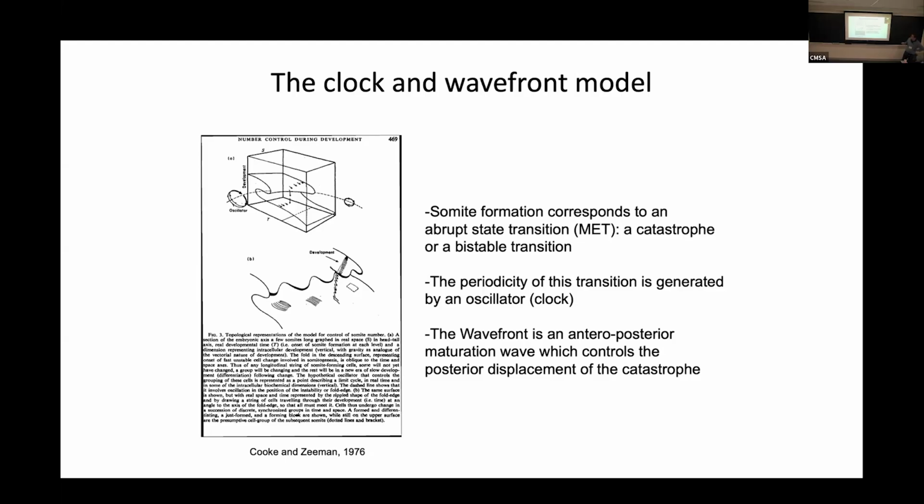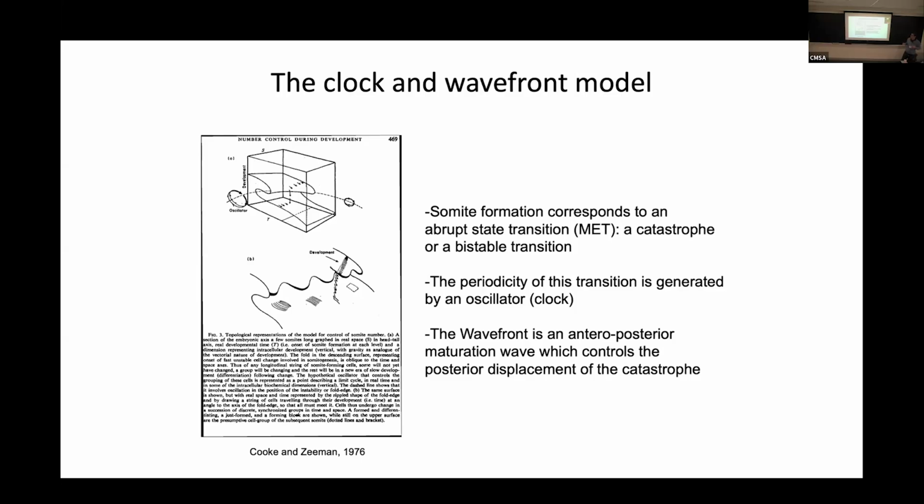But anyhow, this type of catastrophe is also very similar to a bistable transition, for instance, in physics. And the idea that he was pushing is that somitogenesis was one such abrupt transition between a mesenchymal and an epithelial state. And then, in order to make the catastrophe periodic, they just postulated the existence of an oscillator or clock. And that's why it's called the clock and wavefront model.